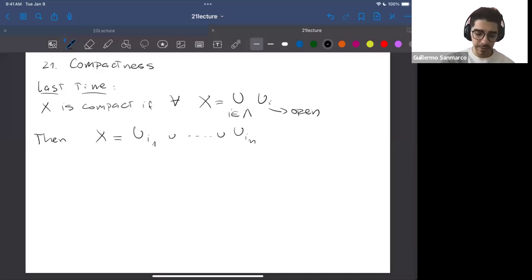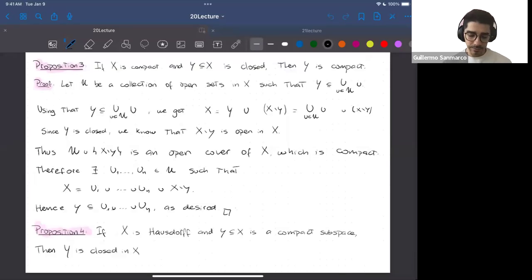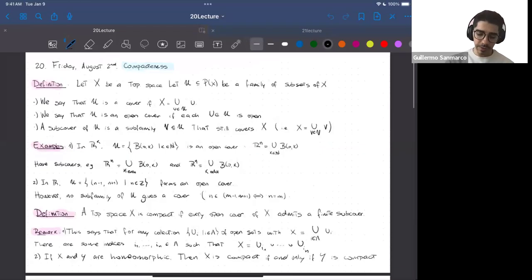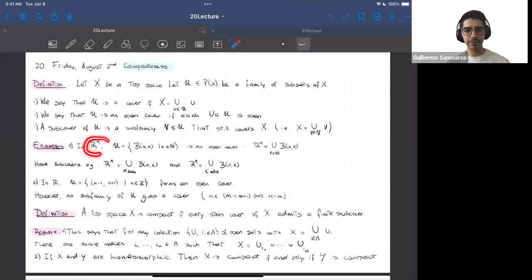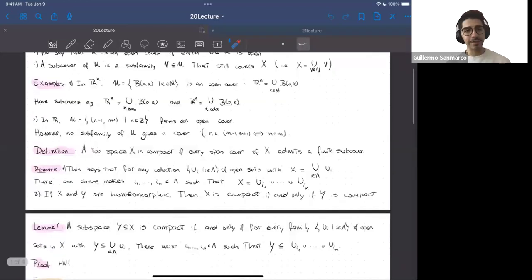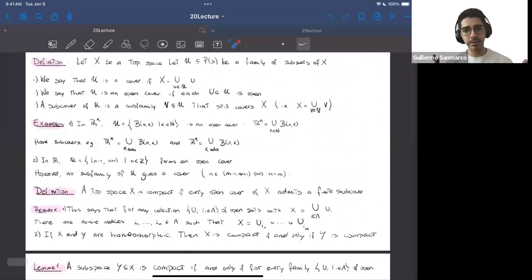So let me open up the notes from last time. The first important thing was mostly we studied when Euclidean spaces are compact. The answer is pretty much never. So R to the k is never compact. The real line is pretty much never compact, but we discussed that any interval that's not closed is going to be not compact.